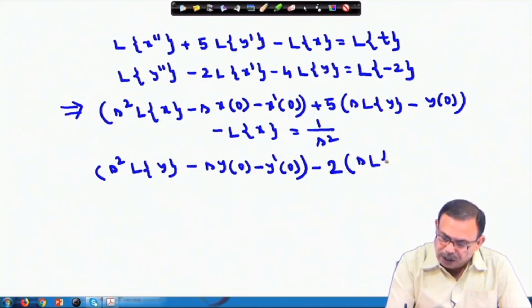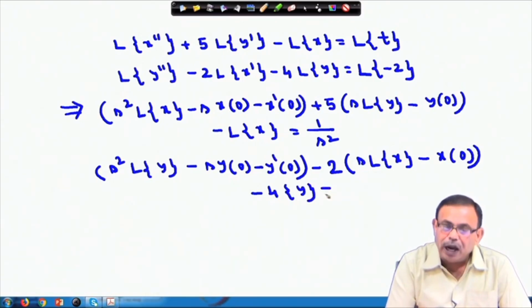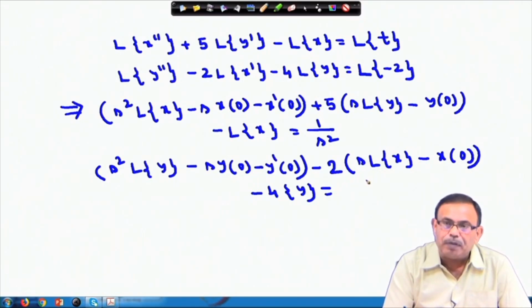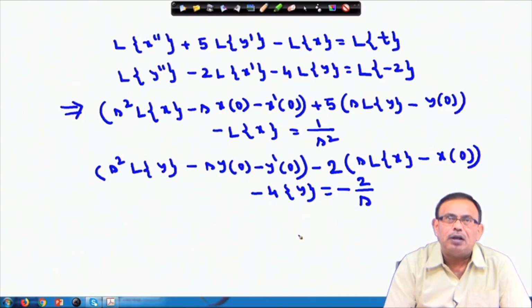So, s into the Laplace transform of x minus x(0), and I will obtain minus 4 into the Laplace transform of y, and this equals the Laplace transform of minus 2. The Laplace transform of 1 is 1 by s, so that you will get the value as minus 2 by s.